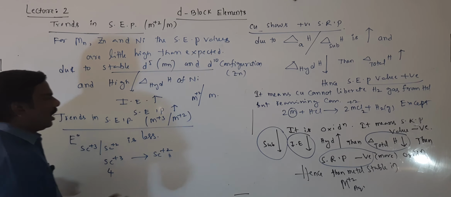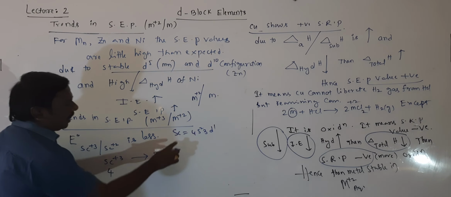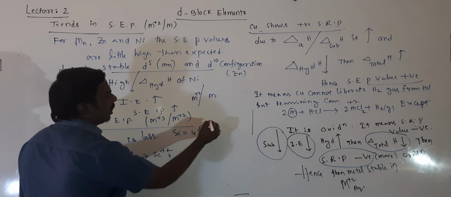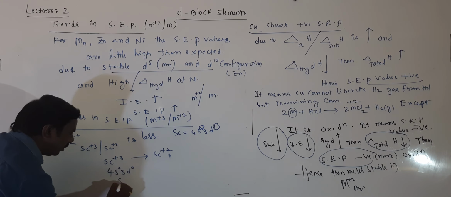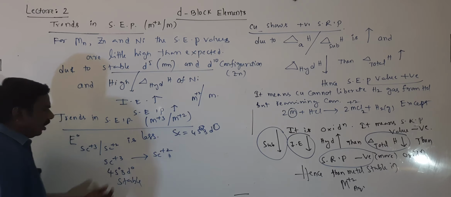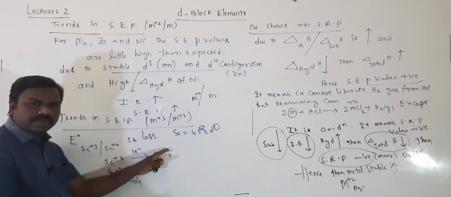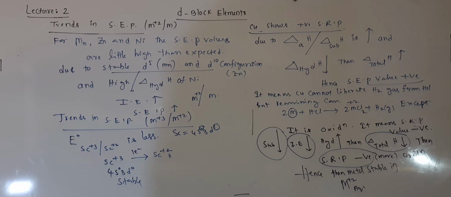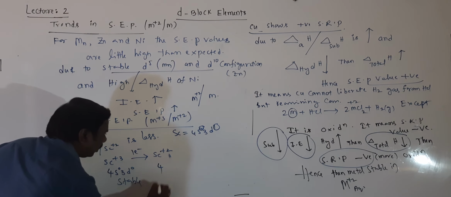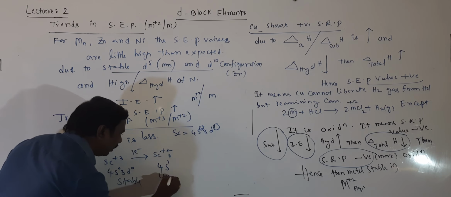Already the scandium configuration is 4s2 3d1. Plus 3 means 3 electrons removed, hence it is 4s0 3d0, stable, students. If it gains 1 electron, plus 3 becomes plus 2, then it is 4s1, it is unstable.